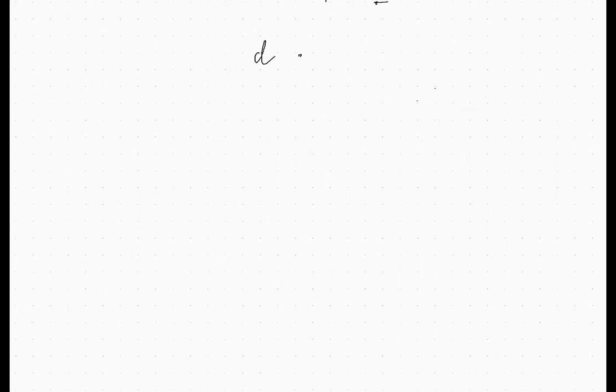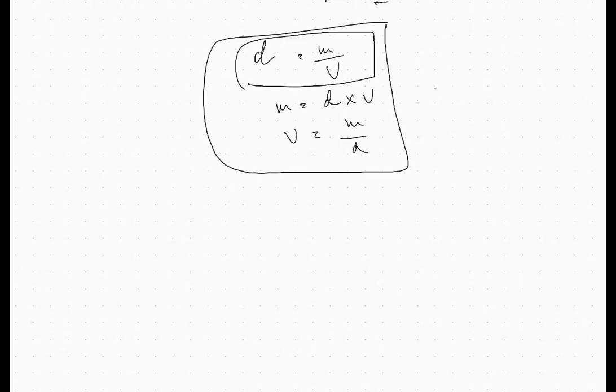If they're asking for the volume, it is mass divided by density. You should be able to derive these just by remembering one formula, if you know how equations can be interchanged. If you have difficulty interchanging them, then you have to practice that.